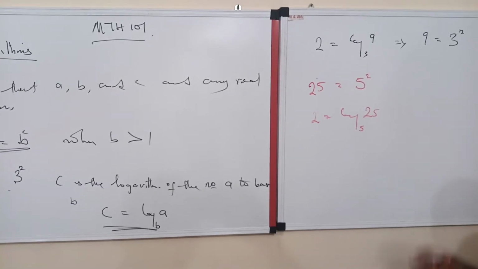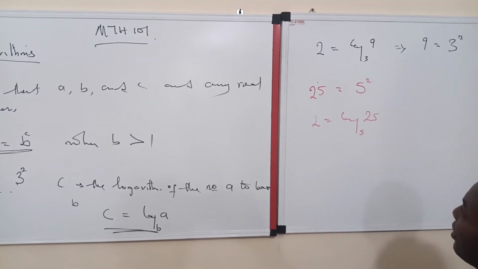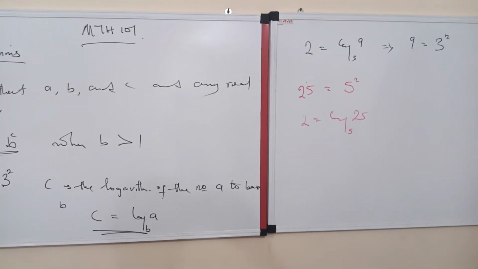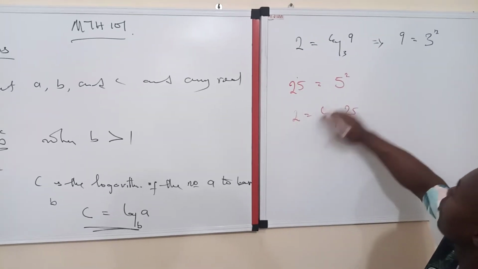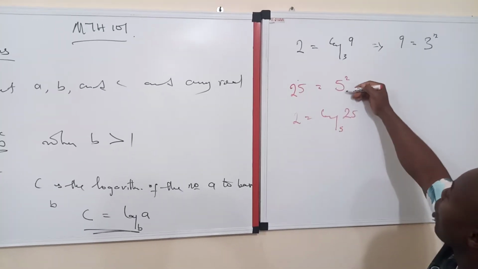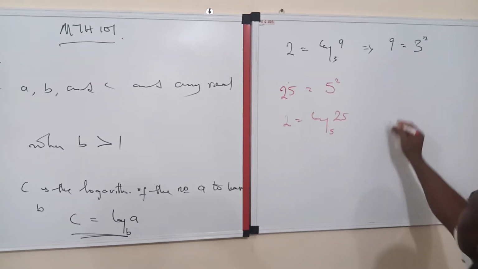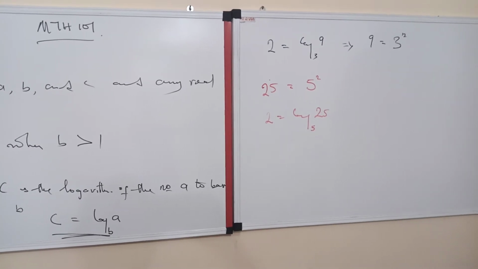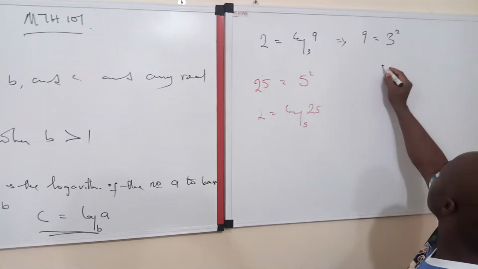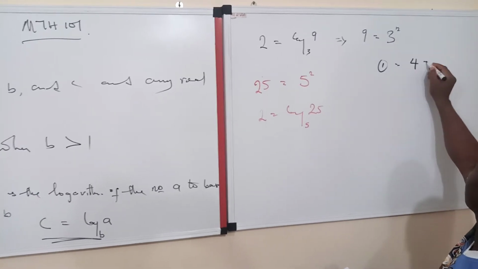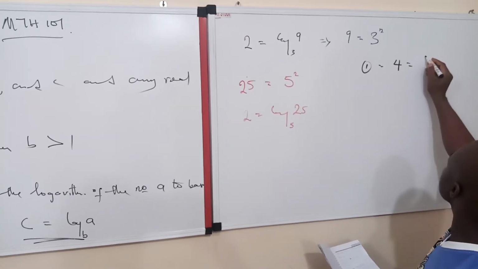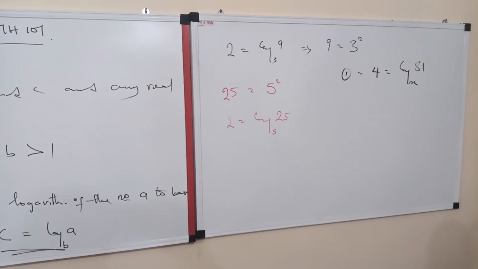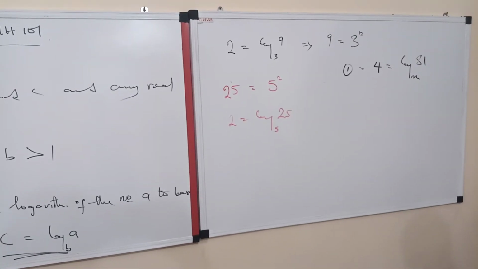Now, in our WAEC and other junior exams, we see all these things in our objective questions, where sometimes we will be asked to determine this value, and sometimes the power or the base. For example, we can consider things like: one, 4 is equal to the logarithm of x base 81, where you will be asked to determine the value of x.